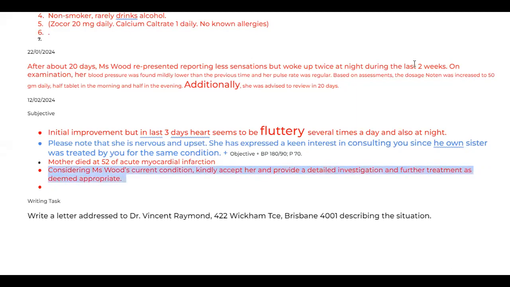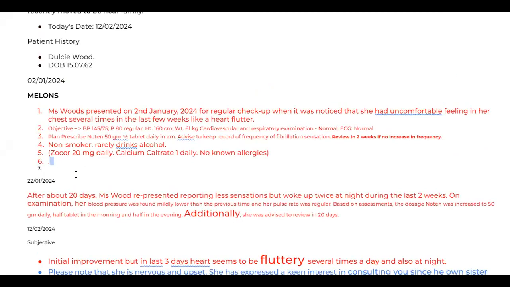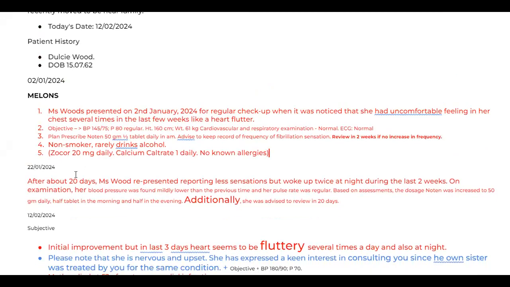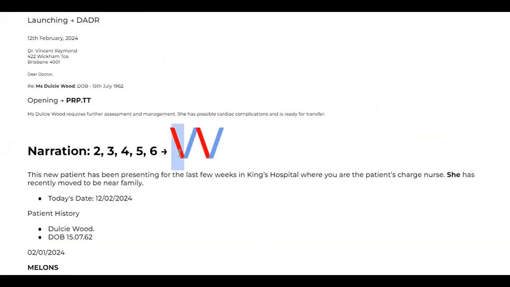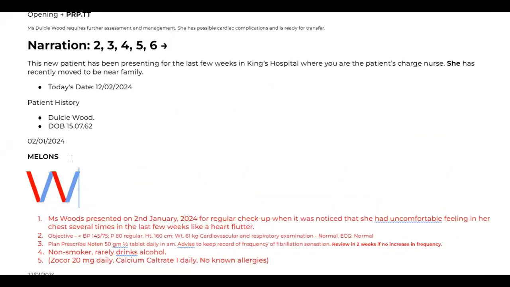Okay, one second. This is to be in the present and future tense once again. So look at this one. The whole letter is written in past, present and future. Look at that. So this red part is this part.